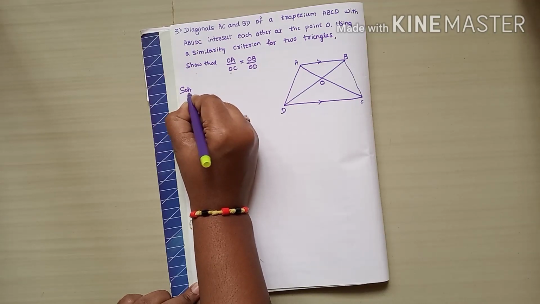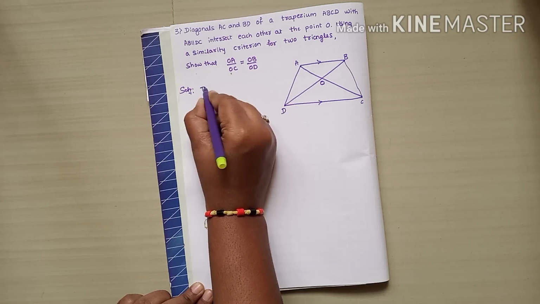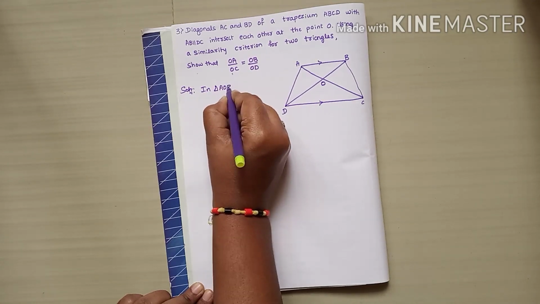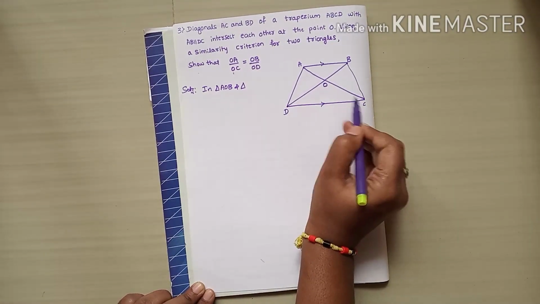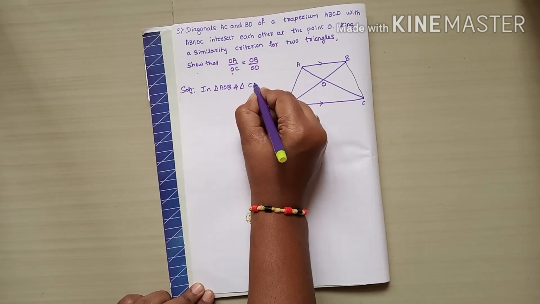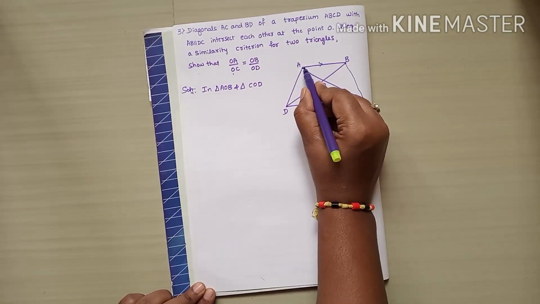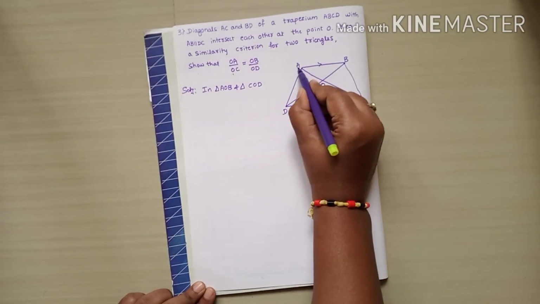Solution. In triangles AOB and COD, we know that in the trapezium AB is parallel to DC, which means these two lines are parallel.